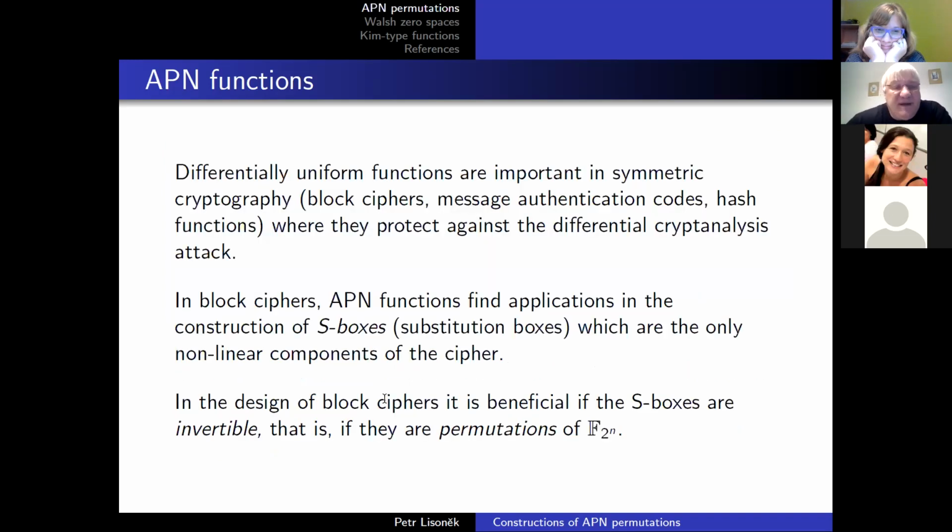So why do we care about these functions? They protect block ciphers and other cryptographic tools against what's called the differential cryptanalysis attack.